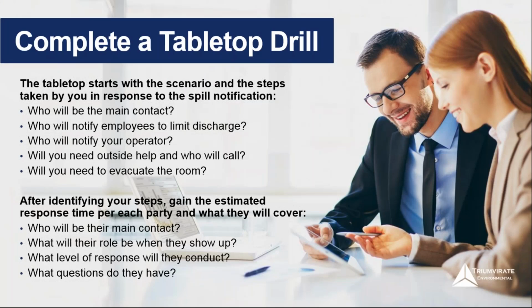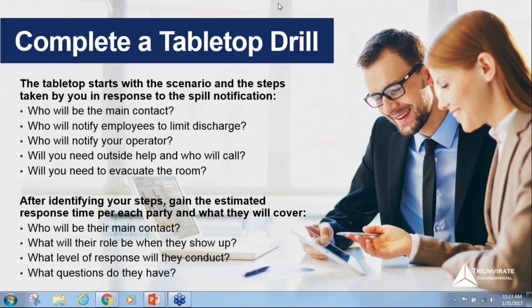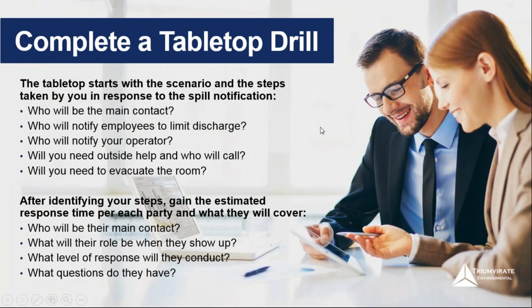So when you complete the tabletop drill, the tabletop starts with the scenario and the steps taken by you in response to the spill notification. So in this case, you want to look at who's going to be your main contact. Will you be the main contact?